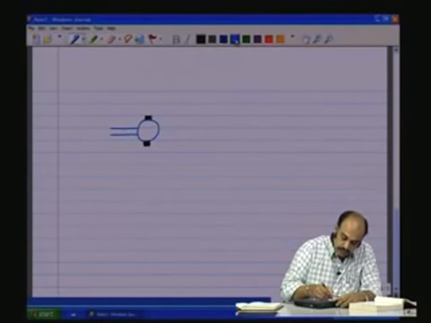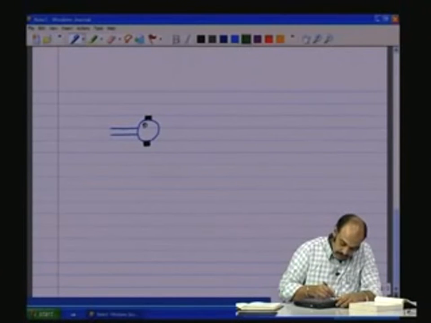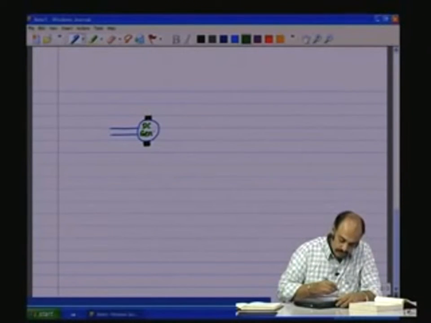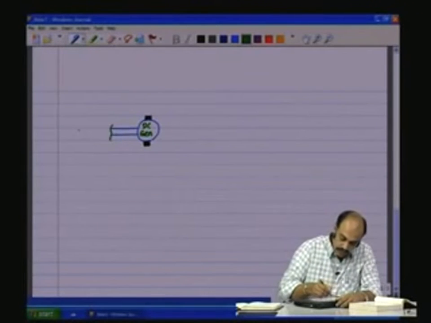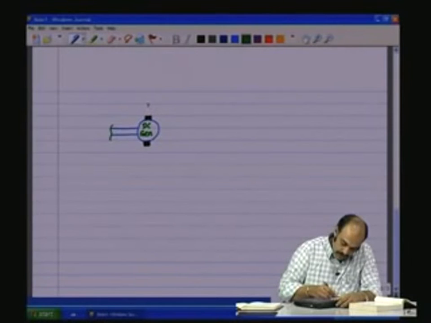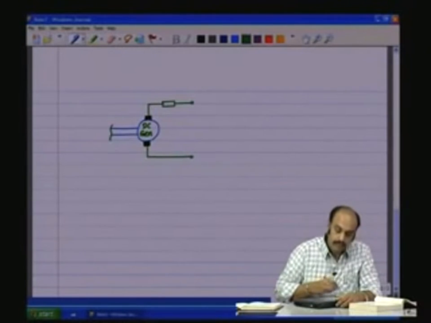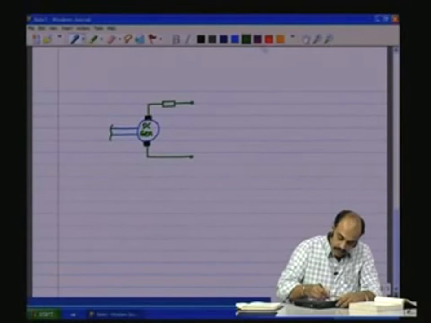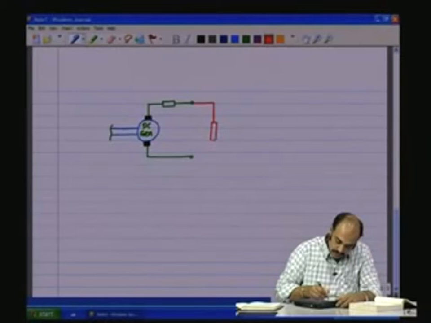The machine itself is shown as a circle. This is the DC generator, and then there is a shaft which is moved by a prime mover. The brushes are connected to the load, but there is an imperfection which has to come into the picture, that is the RA for the steady state. And then the load is connected across the terminals of the generator.